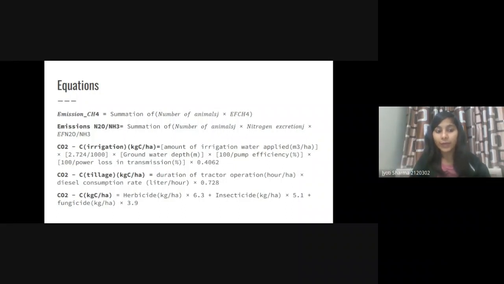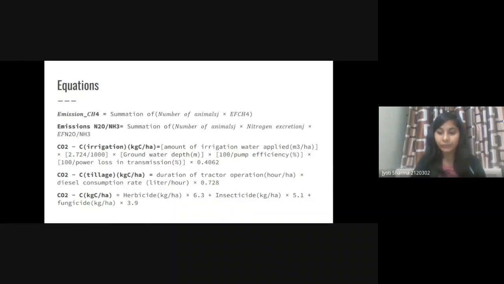Then if you want to calculate the emission of ammonia or nitrous oxide, it is also like this: summation of the number of animals, where J means different types of animals, multiplied by nitrogen excretion, and multiplied by the emission factor. Then if you want to calculate how much emission you have because of irrigation, you have to see that for irrigation you need water.